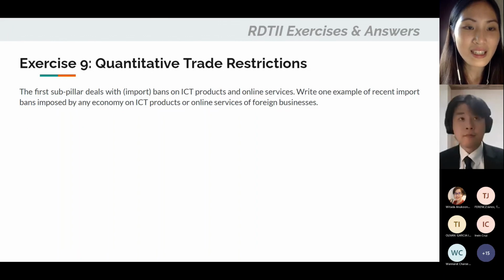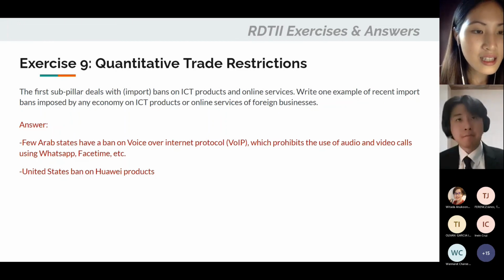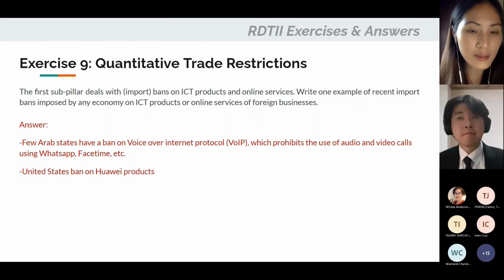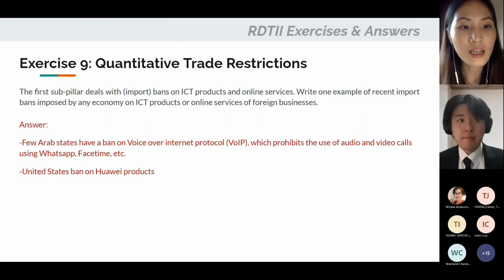So we got several questions from all of you, and here is the question that we picked: a few Arab states have banned voice over internet protocol, which prohibits the use of audio and video calls using WhatsApp or FaceTime. And the United States banned Huawei product.